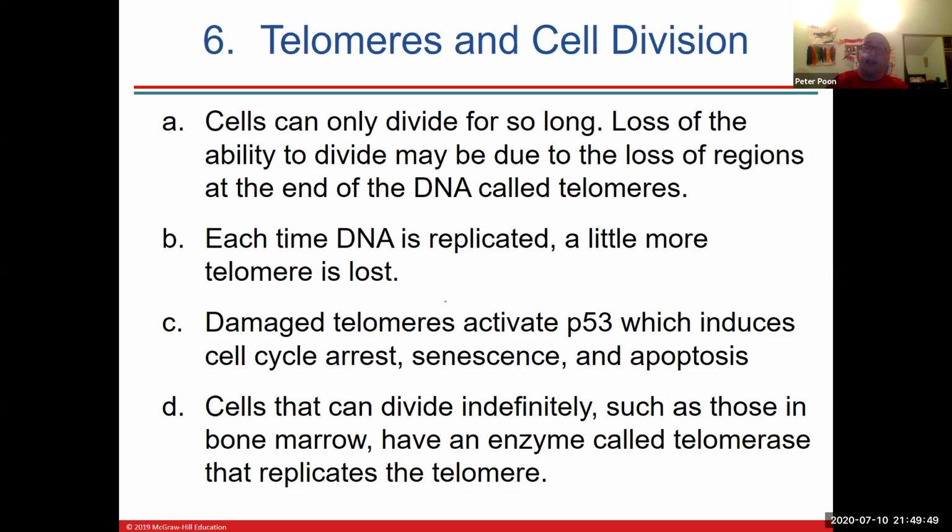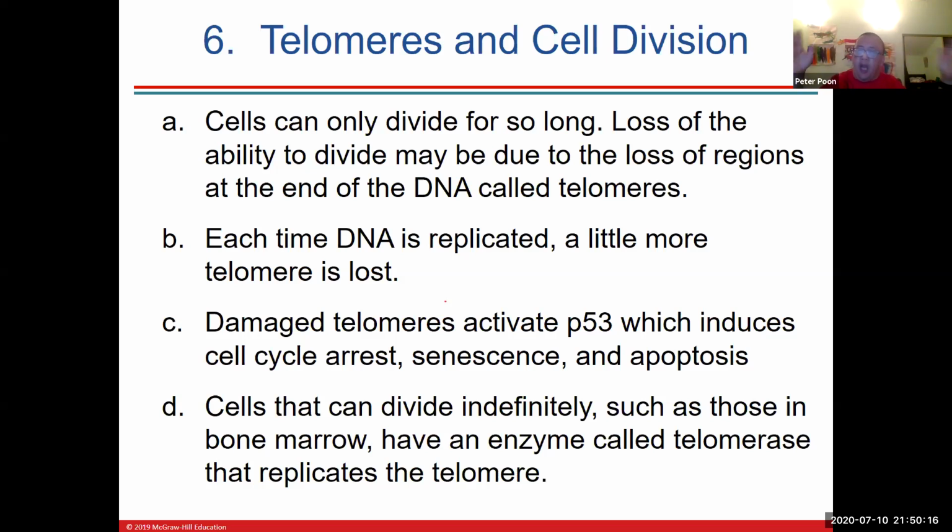Cells get around this problem by using an enzyme called telomerase. Telomerase makes a telomere. A telomere is just a DNA sequence that's repeated over and over again at the end of the chromosome.